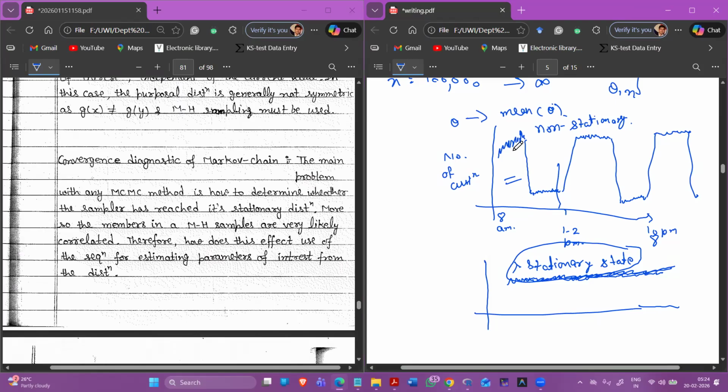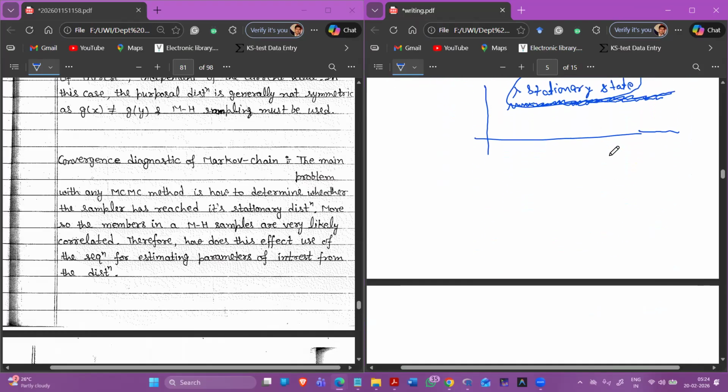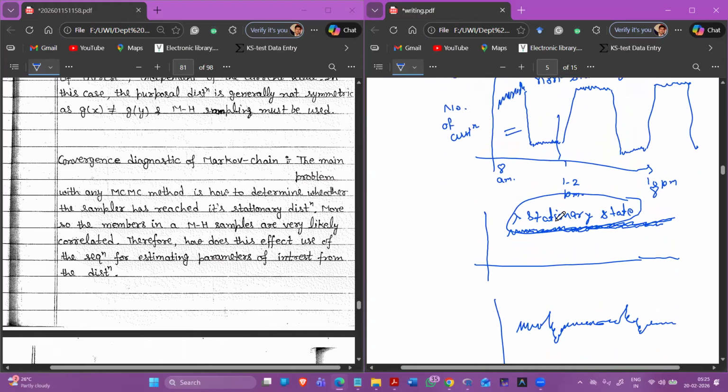All right. After that, the convergence diagnostic of the Markov chain. If you have this type of graph, a zigzag pattern, you can claim that my results are not trustworthy. But if I get a graph like this, it looks somewhat stationary compared to the other two. Does the third graph look stationary or not?